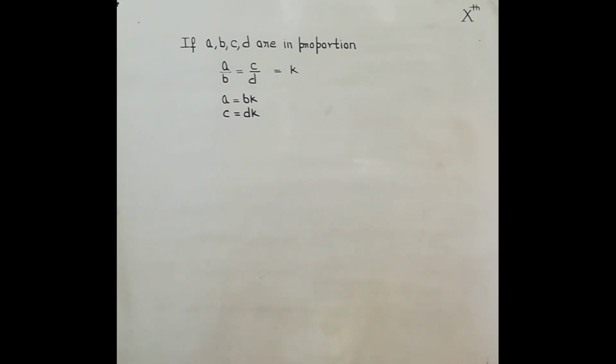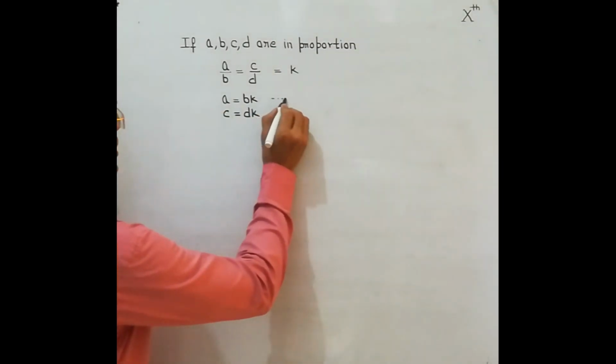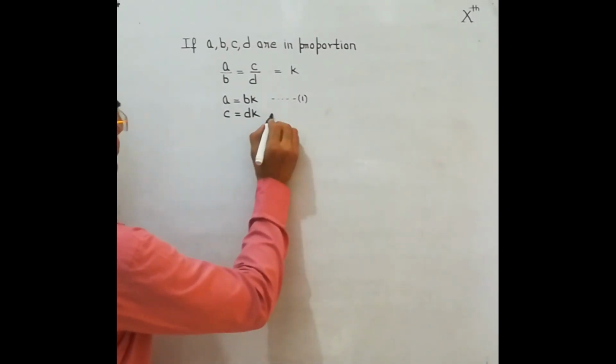Now this is when A, B, C, D are in proportion. Now what if A, B, C, D are in continued proportion? So remember, these two substitutions will be made.